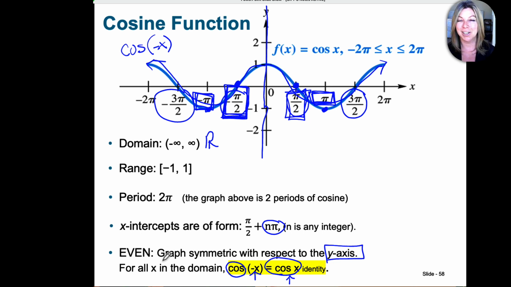If you didn't really understand that concept of even and odd with sine, that's understandable. Cosine is a lot easier visual, and it lends to the understanding of the identity, whereas now that you've hopefully understood why cosine is even, go back and it might make more sense to you why sine is odd. I'll just show you quickly.